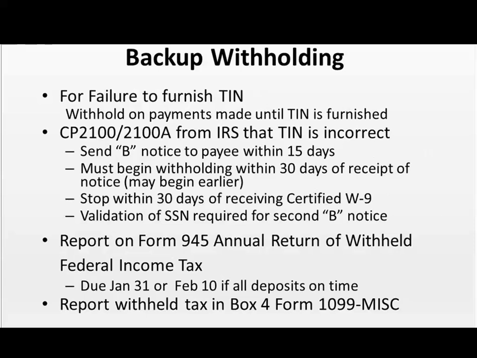Validation of the SSN is required for a second B notice. They go to the IRS to get some sort of a letter validating that it is in fact their correct number and the 2100 or 2100A was incorrect. Also, if you get a 972CG penalty notice, you will want to send out notices to establish due diligence for not having the correct information.